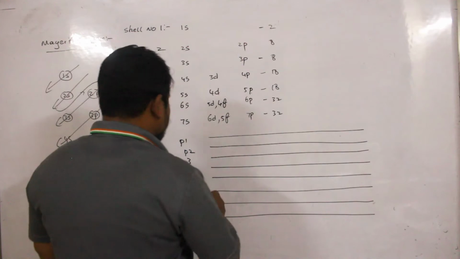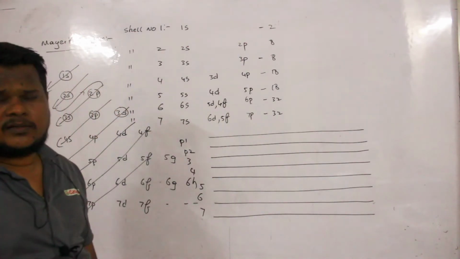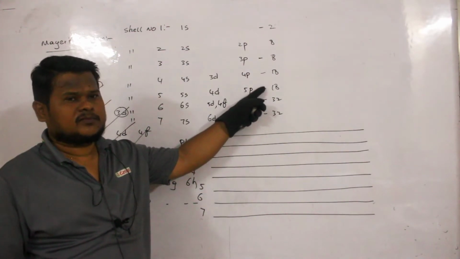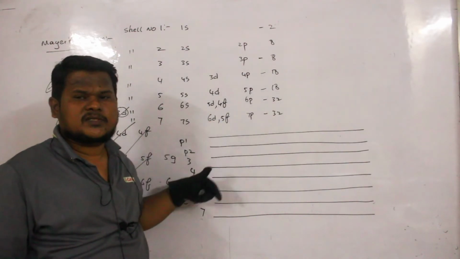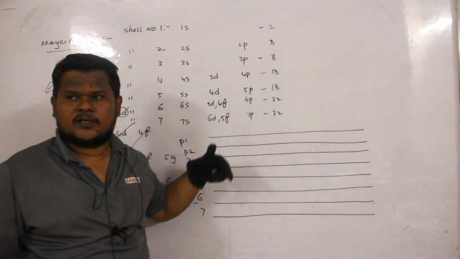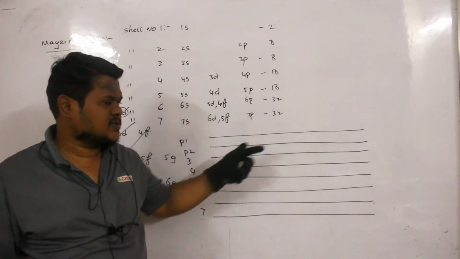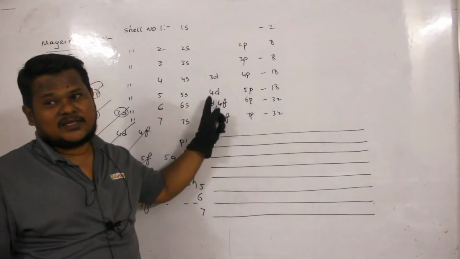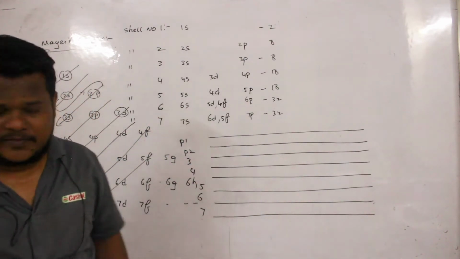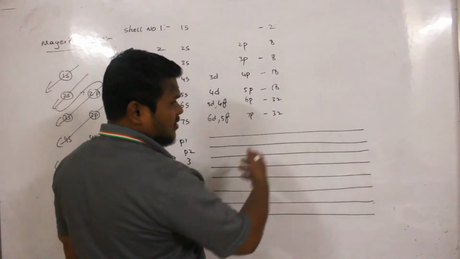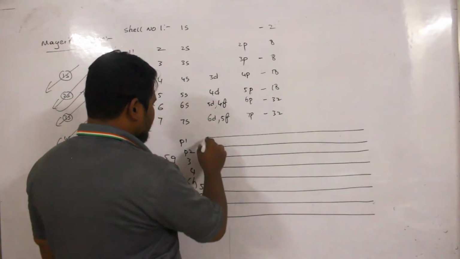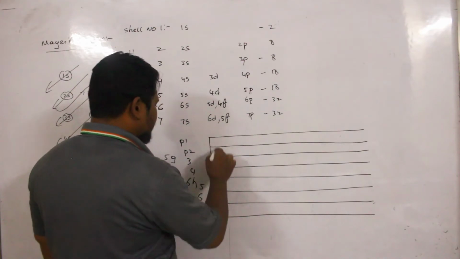Why are we drawing only 18 columns? Because the maximum number of electrons which can be filled in a period is 18 only. So that's why we have only 18 columns. But here I have 32. What is the history of 32? We will study later. First write down. You have to draw in the books: how many periods, how many columns? 18.